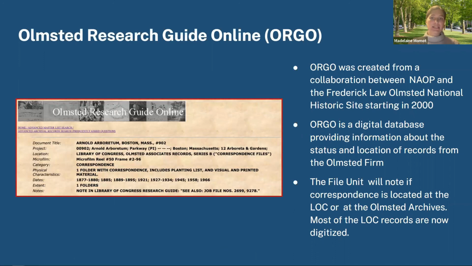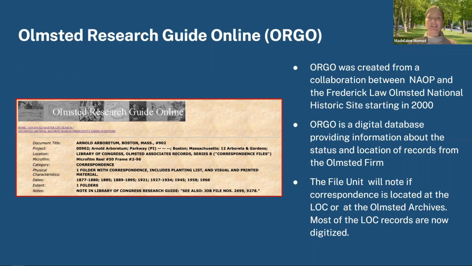So you would take this information and access the Olmsted Associate Records Series B files via the OlmstedOnline Research Instructions and Links page. You would also want to note the reel number and dates to locate the appropriate folder. So that is listed on this information.